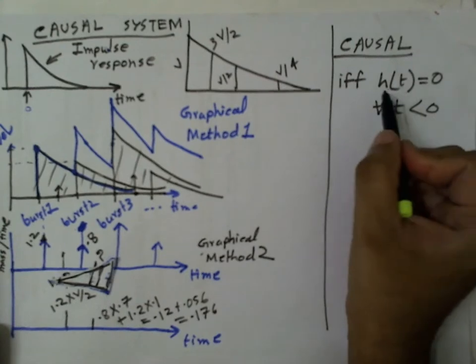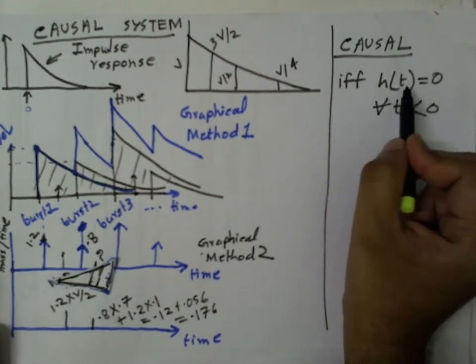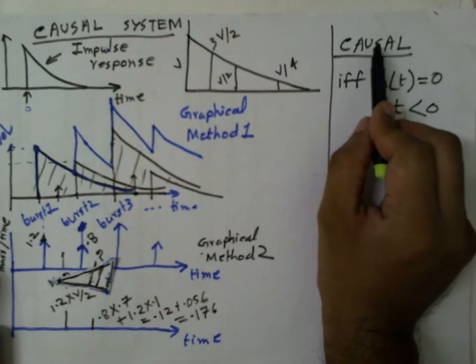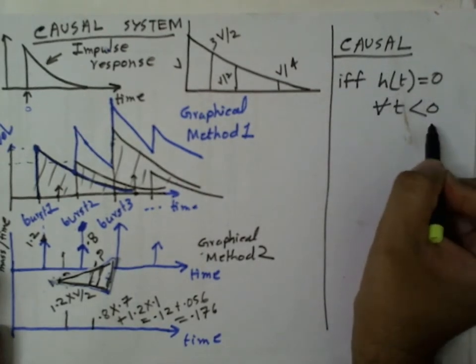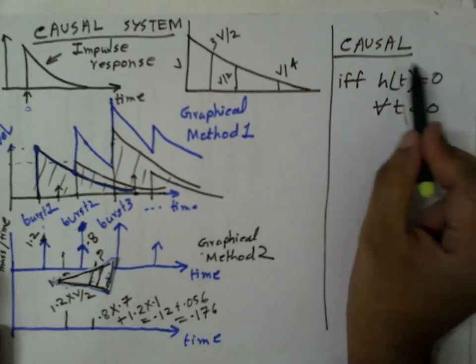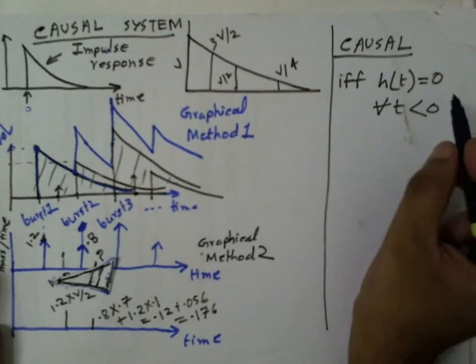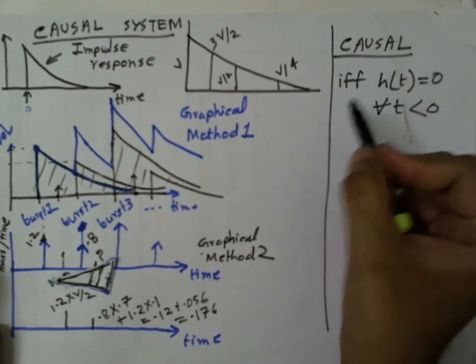So if there is no response before the cause which occurs at t equal to 0, then such a system is called causal. So a system being causal means h(t) is 0 before t equal to 0, and if this is true, then we call that system a causal system. So this is an if and only if condition, or this is actually a definition.